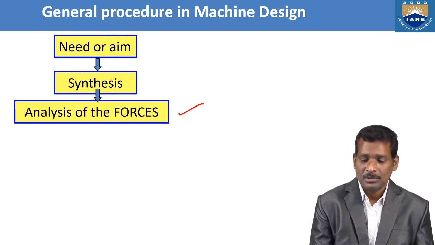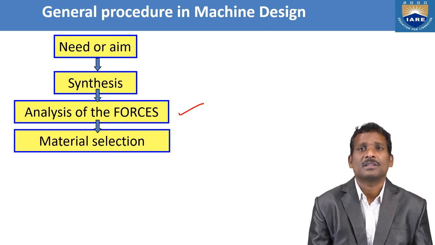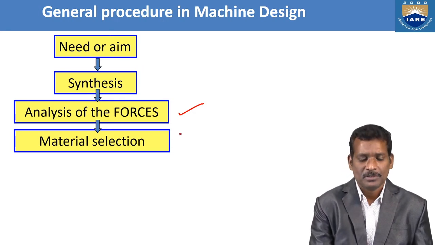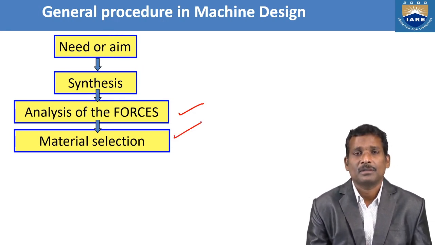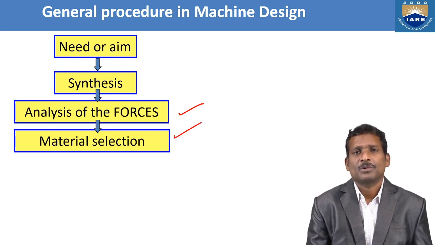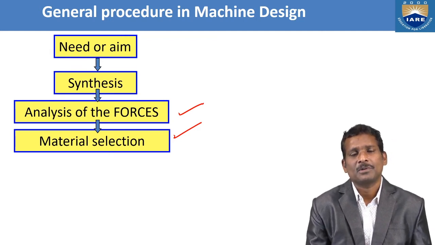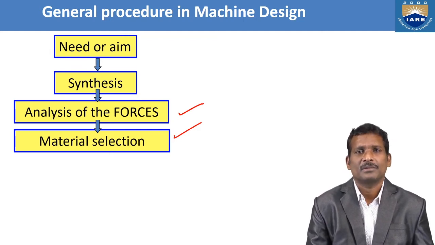According to these forces, select our material. Material selection depends upon the forces and their magnitude. Some materials withstand higher forces, some materials can't. So before designing, first analyze our forces and then select our material.